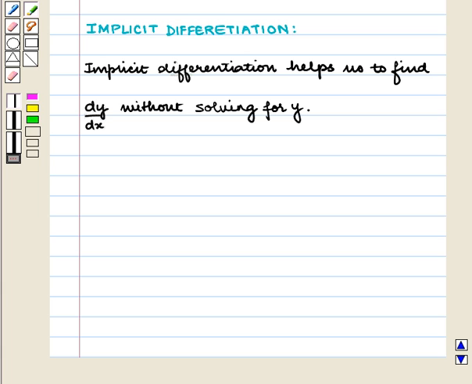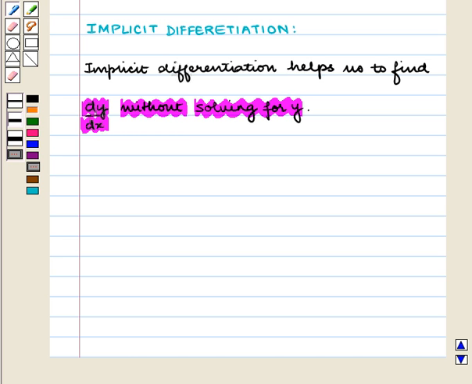Now, implicit differentiation helps us to find dy by dx without solving for y. While differentiating implicit functions, we must keep two things in mind.